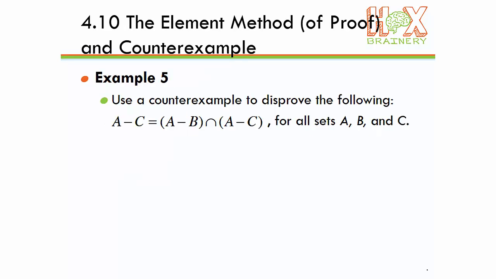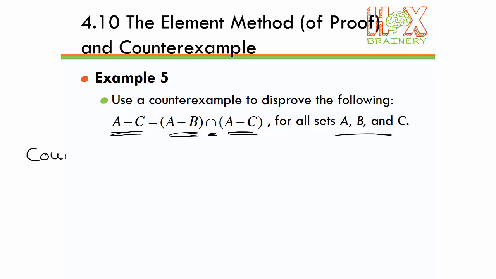So for example 5, we're going to use a counterexample to disprove the following. The following says that the set difference between A and C is equal to the set difference between A and B intersected with the set difference between A and C for all sets A, B, and C, right? So this is written like it's a universal statement, but we're going to show that this is actually false.